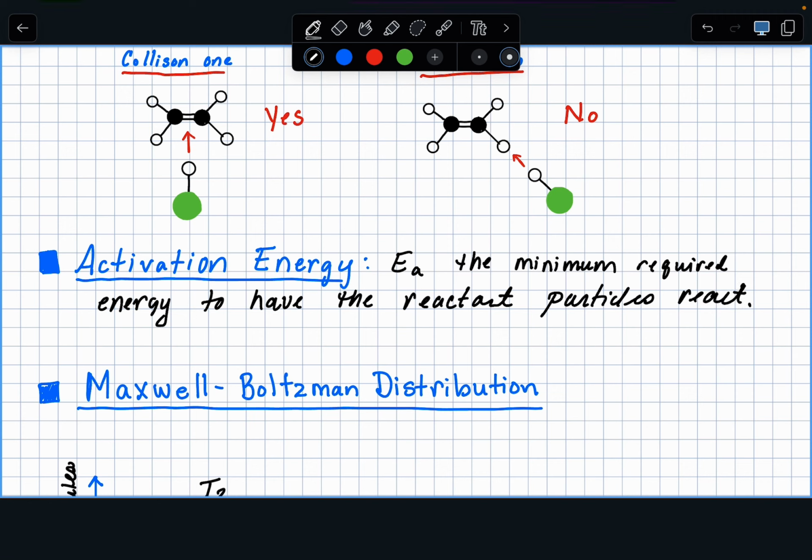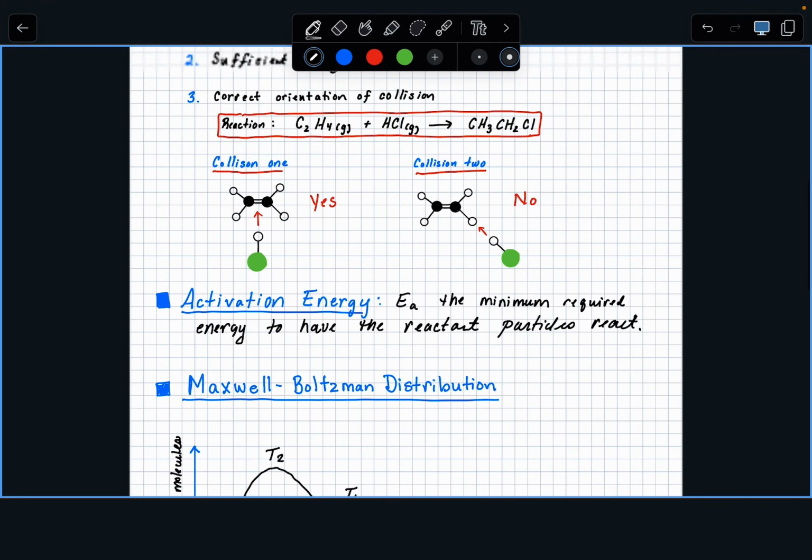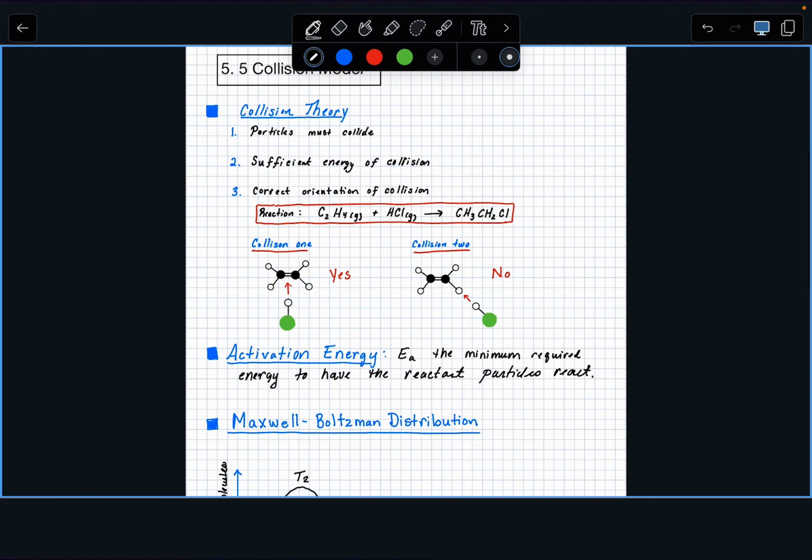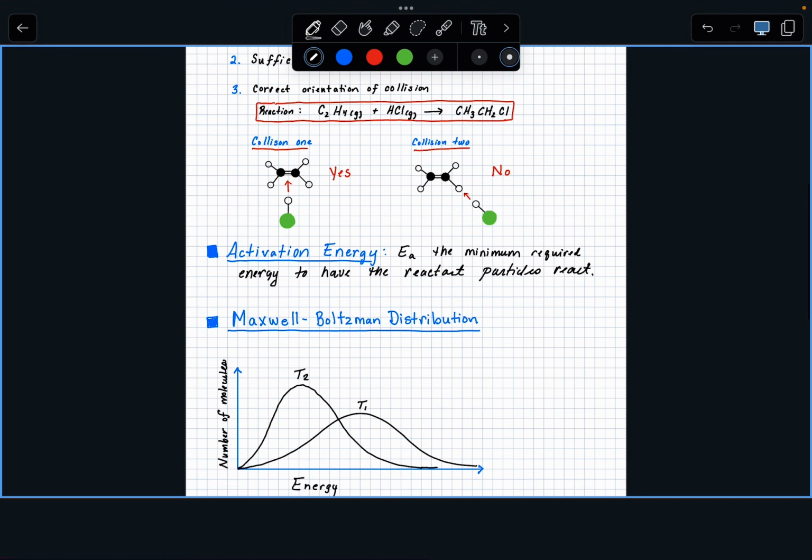And maybe you've heard it before. We've probably talked about it in past chemistry units. But it is very important in chemistry that we know what activation energy is, and it's given the symbol capital E, lowercase a. And again, it has to do with that sufficient energy that particles need to react. But they also, again, will still need to have the correct orientation.